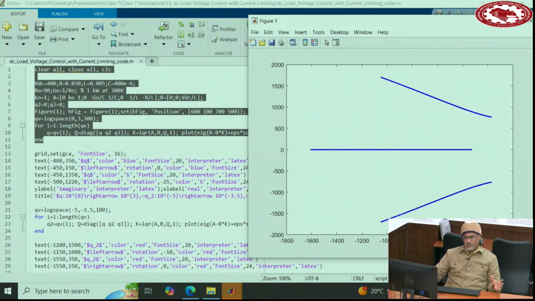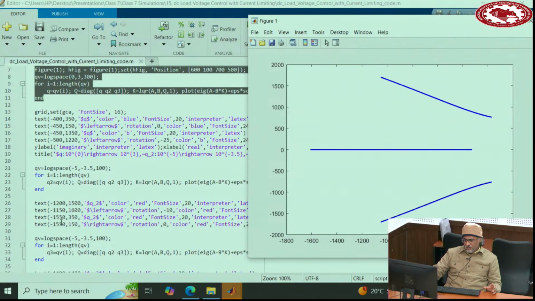So when you increase Q1 from 10 to the power of 0 to 10 to the power of 3, and Q2 and Q3 are 0, these are the poles of the closed loop system. And then let me run the other part.